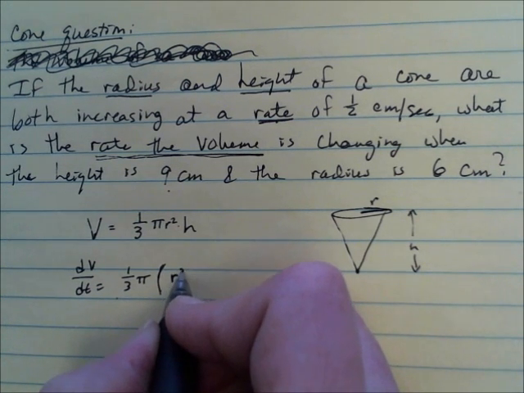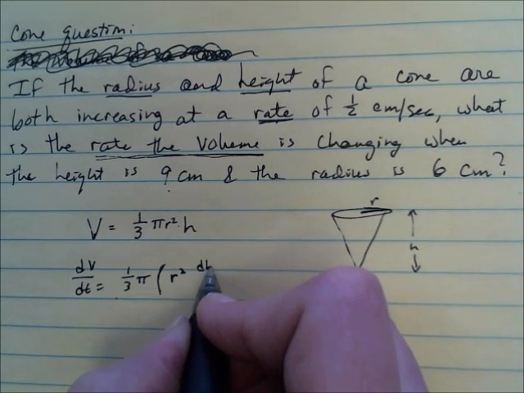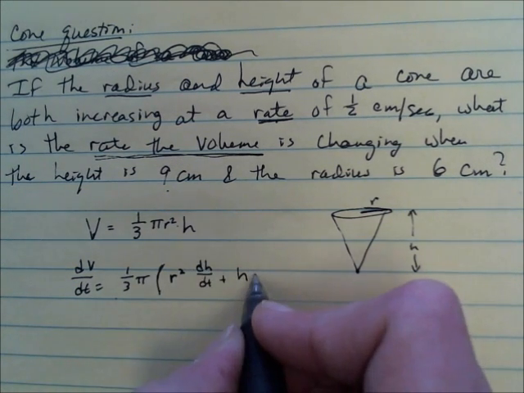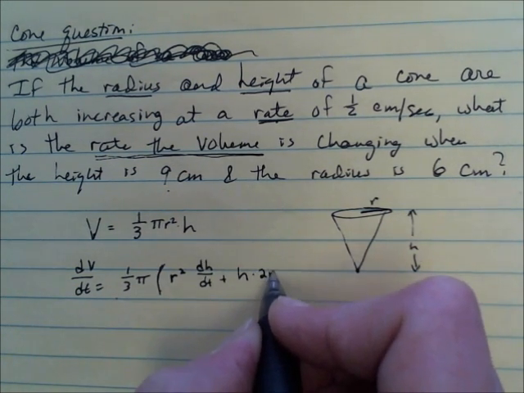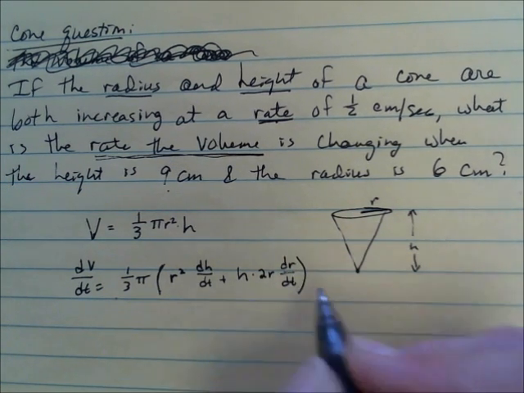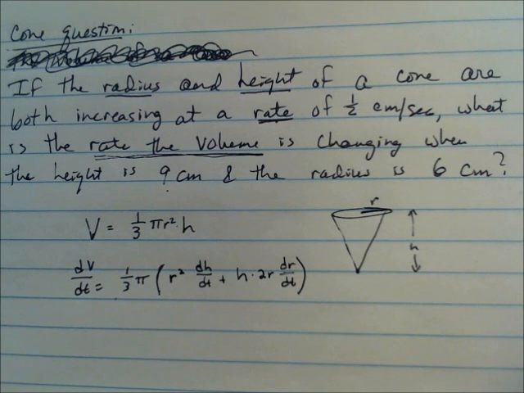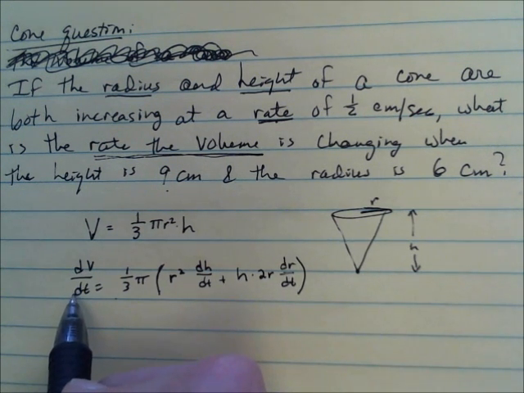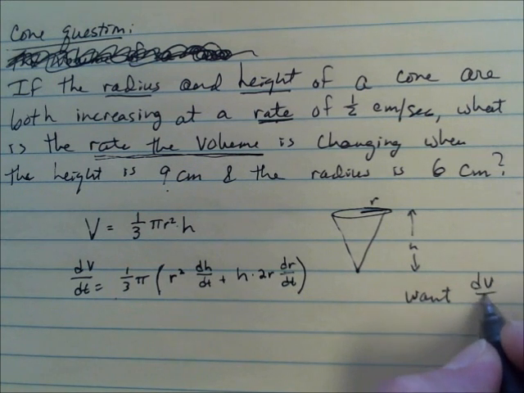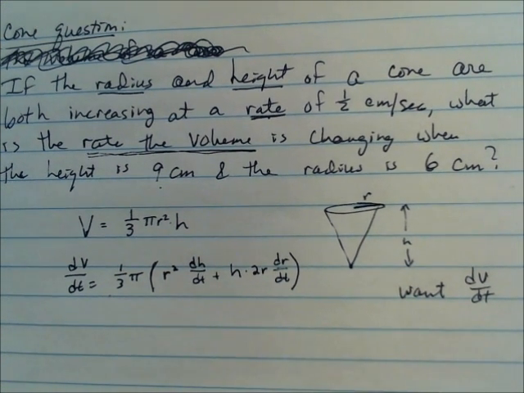First times the derivative of the second, plus second times the derivative of the first, which is 2r dr/dt. And now what we want is dV/dt, and I think everything else is given to us.